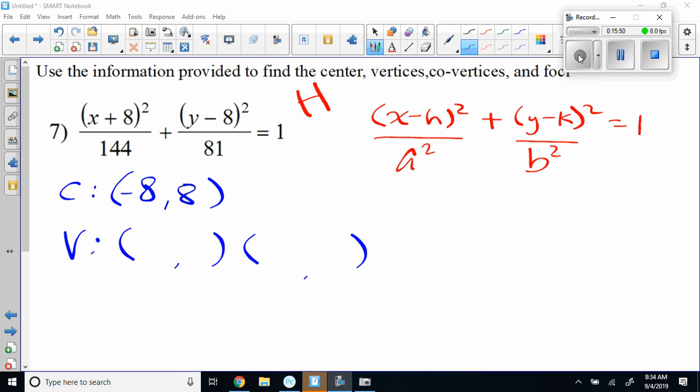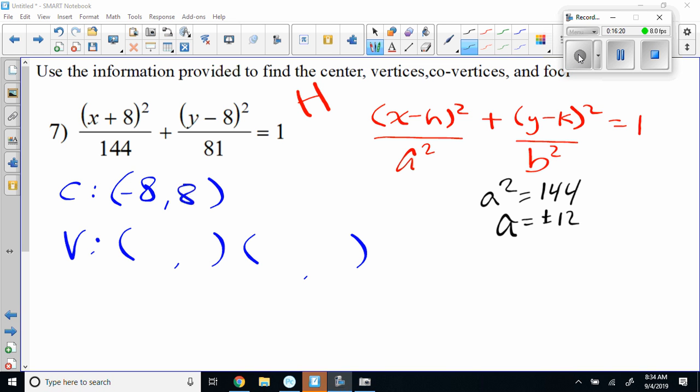So my vertices ought to be what? Not a squared. No, ma'am. It is your distance from your center out, a positive and a negative, right? So here's a squared. A squared equals 144, so a equals plus or minus what?